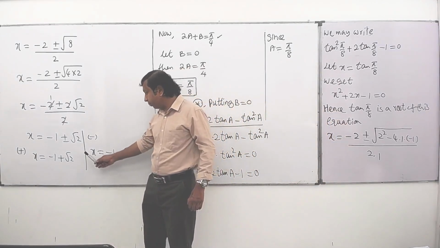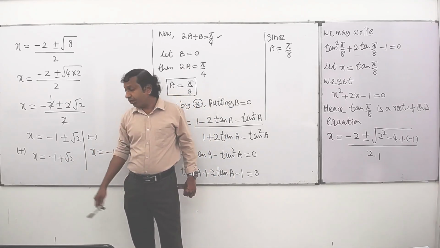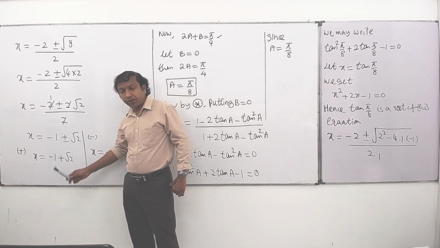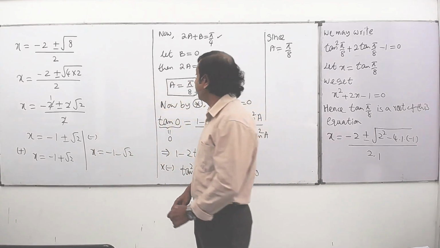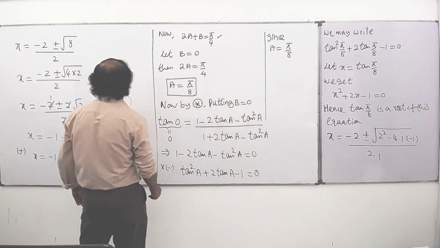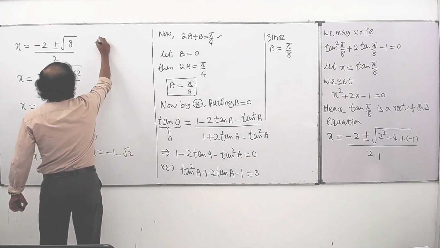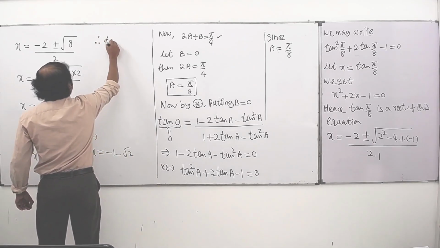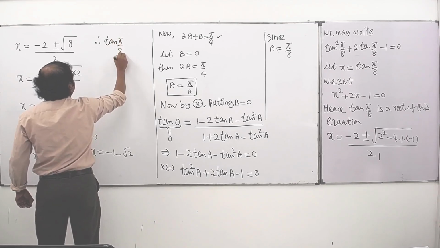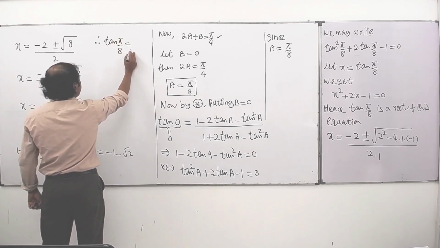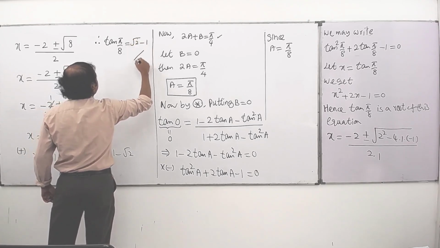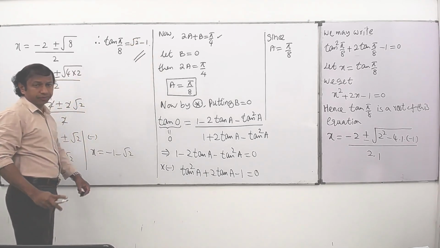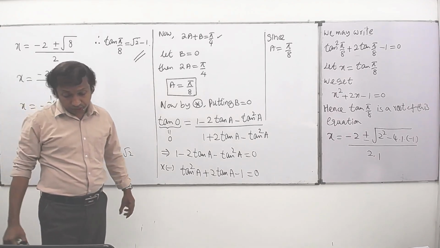But this is positive, since root 2 is greater than 1. So this is a positive answer. So this should be the value of tan pi by 8. Therefore, tan pi by 8 is equal to root 2 minus 1. Okay? This is how we do that.